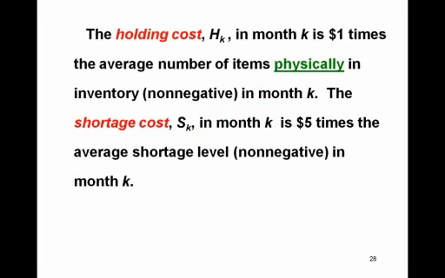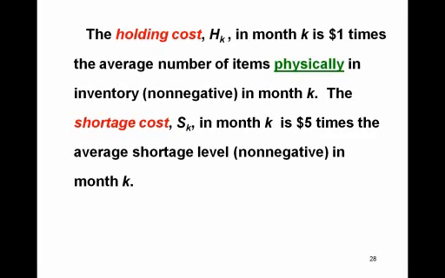Now, so far we've talked about ordering cost. Most inventory problems will also have a holding cost, which we'll denote by I sub k in month k. It's $1 times the average number of items physically in inventory, which will be non-negative.